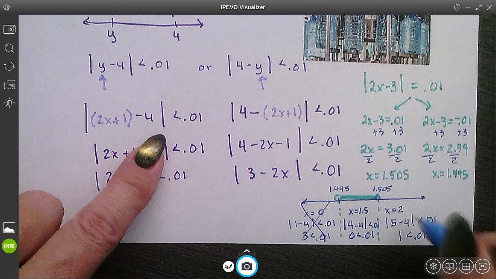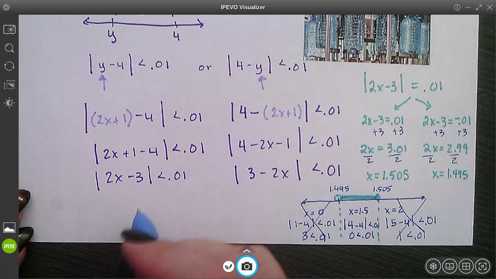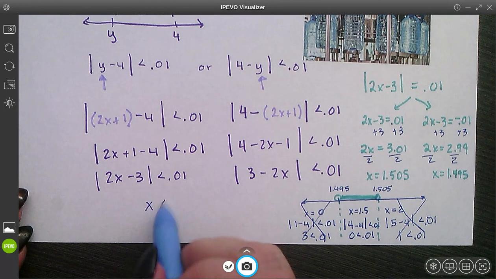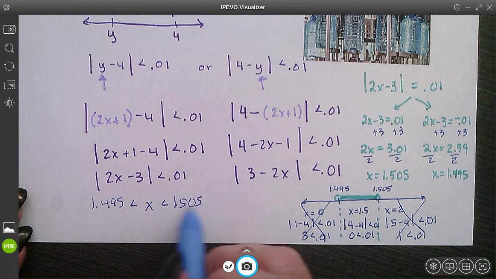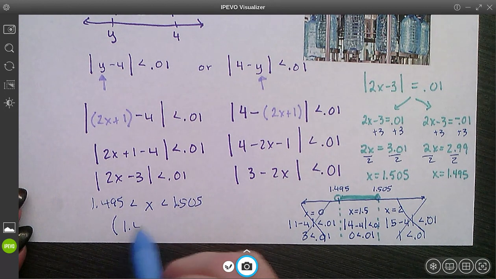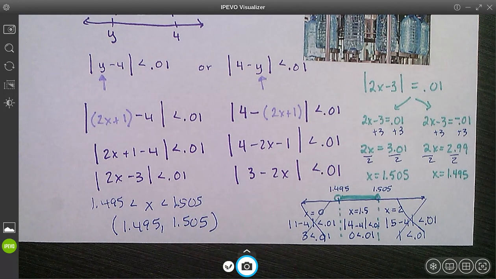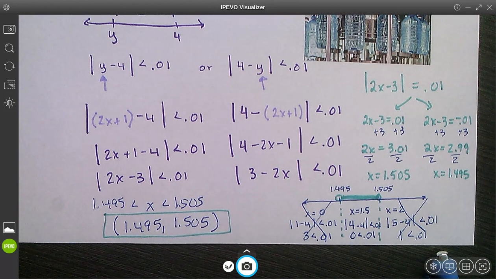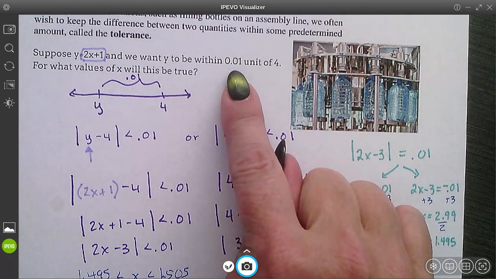Is 1 less than 0.01? No. So in this case, the solution would be that x needs to be between 1.495 and 1.505, or the interval from 1.495 to 1.505. So we would have to make sure that on our assembly line, this is the amount of wiggle room we are allowed to have in x so that y is within 0.01 units of 4.